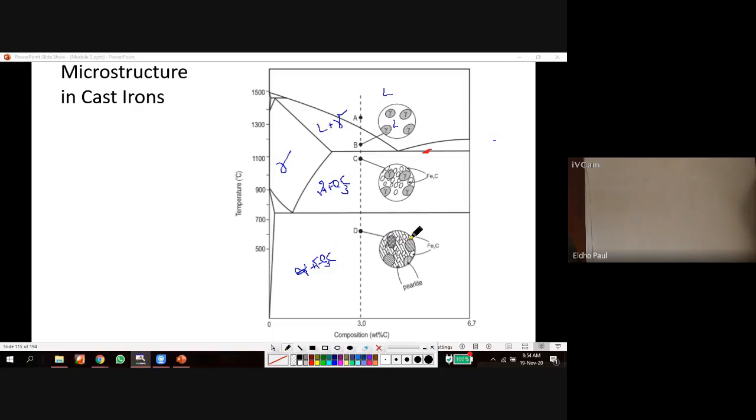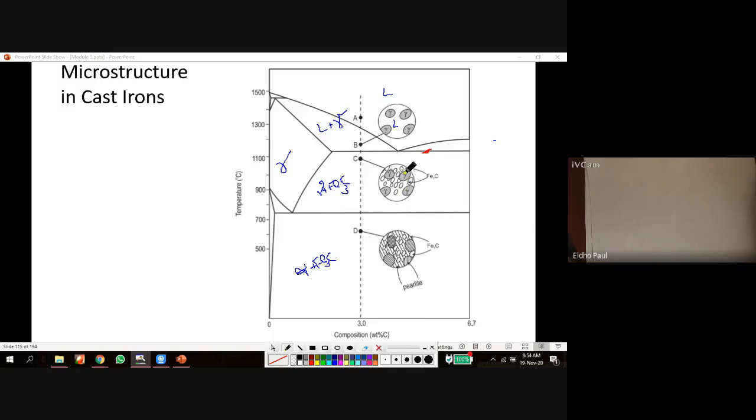We can see these spherical particles with a white shade. That is Fe3C formed at this stage at C. When it crosses from C to D, there is no change in that Fe3C. That is called pro-eutectoid Fe3C.